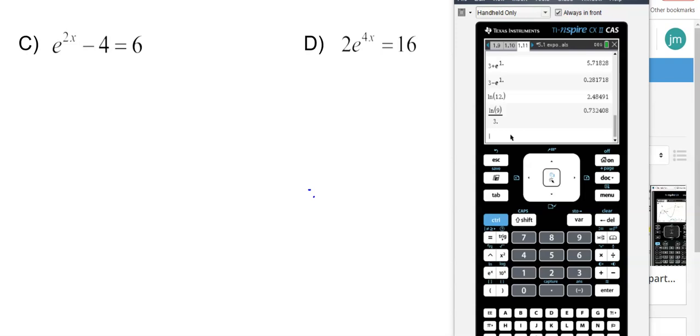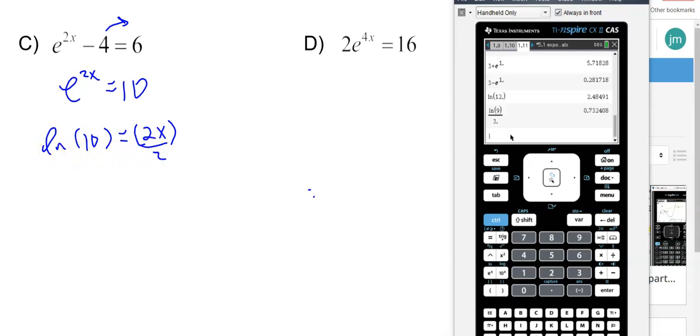Try these. Before I can put this into natural log form, I want to move that over. I want to isolate it and get it into exponential form. So e to the 2x equals 10. Now I can do this. It'd be natural log, base e, I don't have to write that, of a number equals a number. The exponent goes on the other side, and 10.